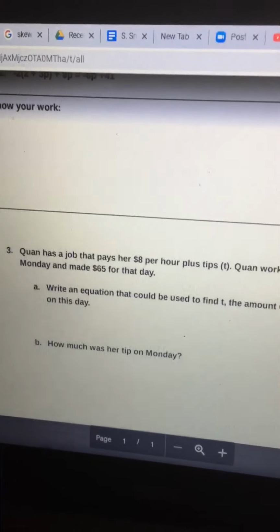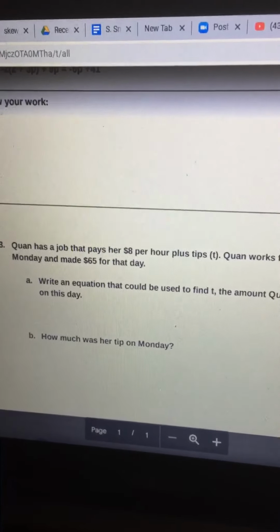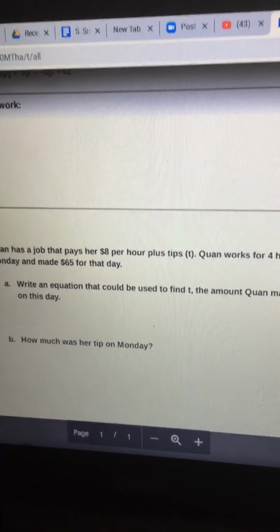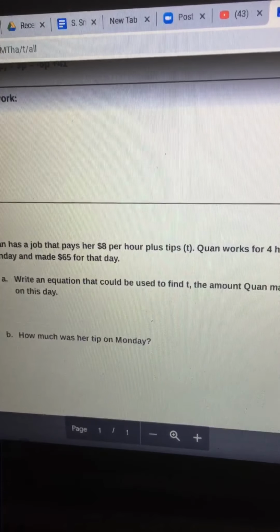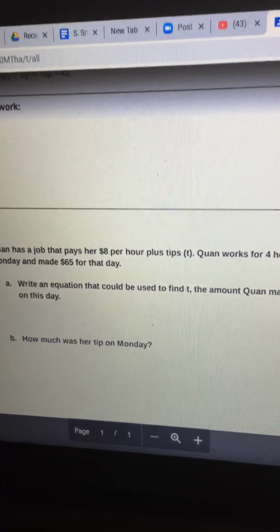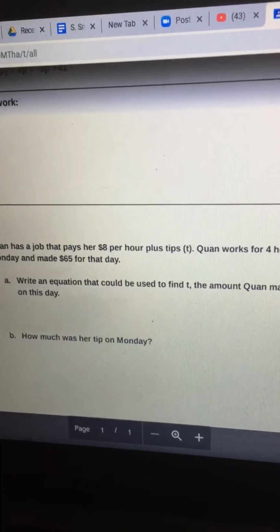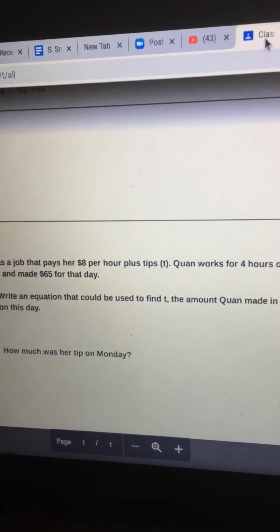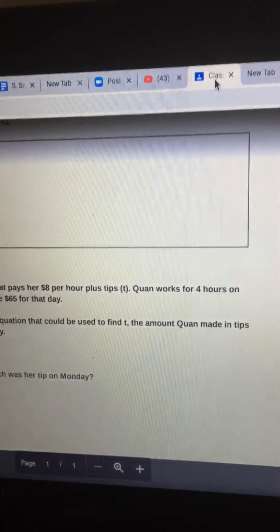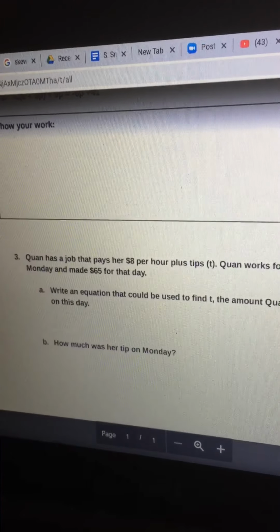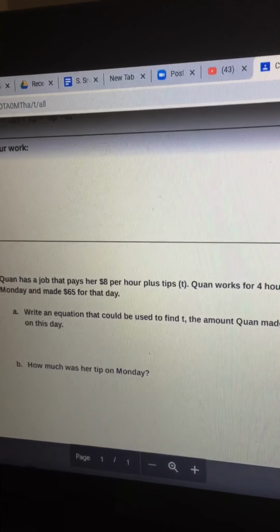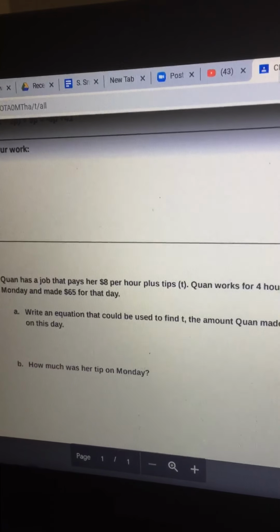The original problem says, Kwan has a job that pays her $8 per hour plus tips. So she gets a standard rate of $8 per hour, and then she also receives tips. It says Kwan works for 4 hours on Monday, and she made $65 for that day.